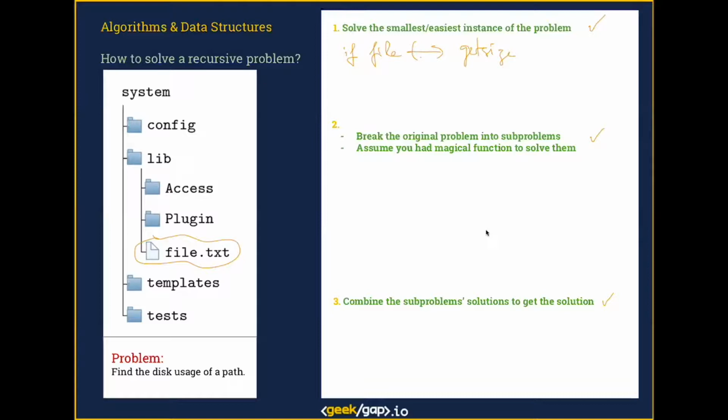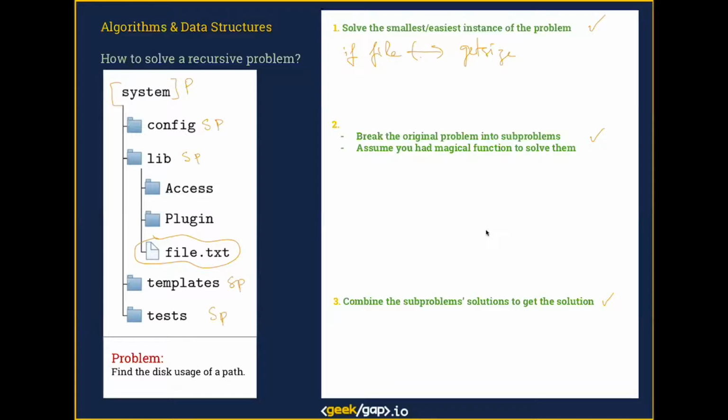Now, what about breaking the original problem into sub-problems? We already touched on that in our previous slide. This is our problem, right? We can break this problem into smaller problems. So we can have a sub-problem here, a sub-problem here, a sub-problem here, and a sub-problem here.